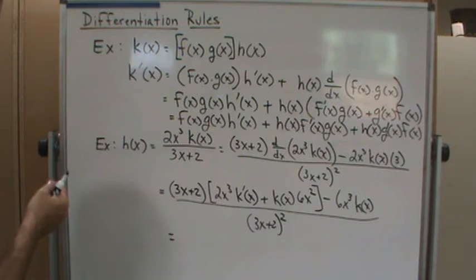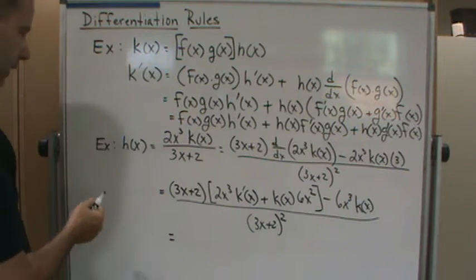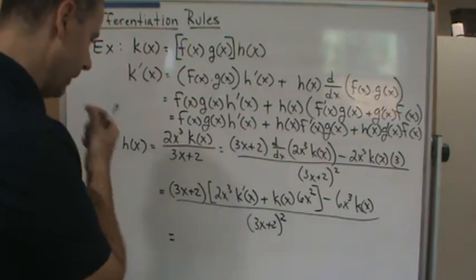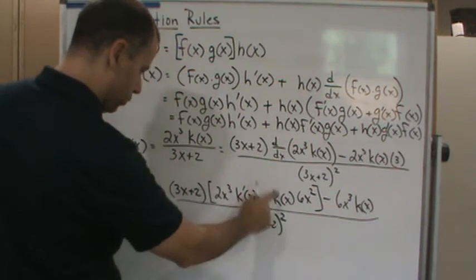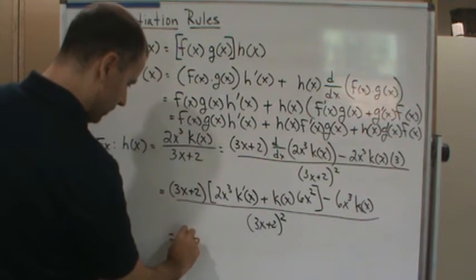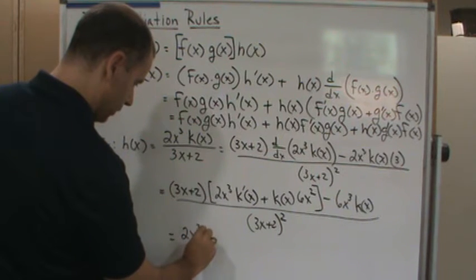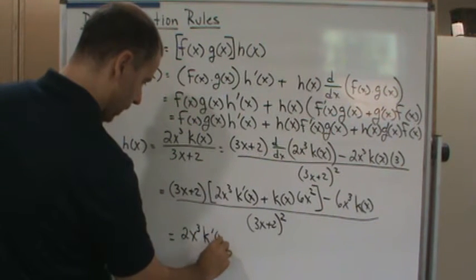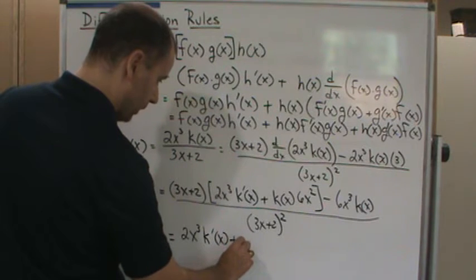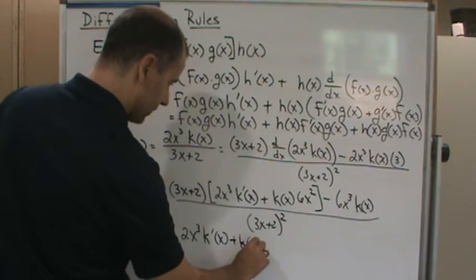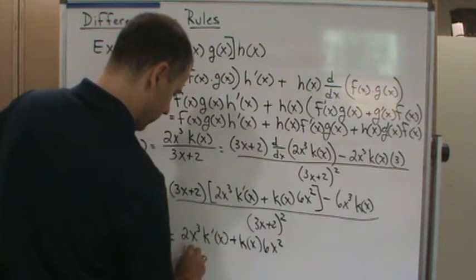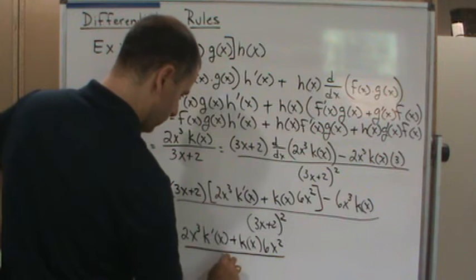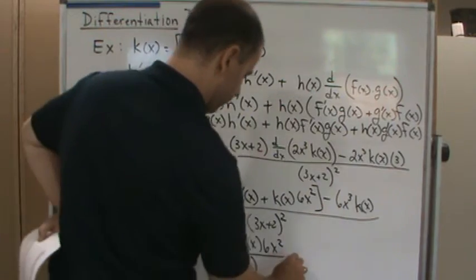If I break this up, then I can cancel this with the first one, and I'll get 2x cubed k prime of x plus k of x times 6x squared over 3x plus 2.